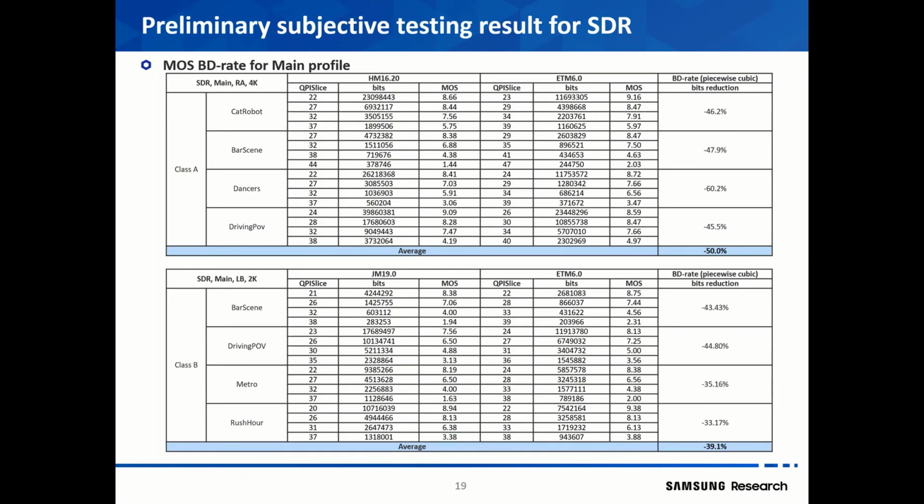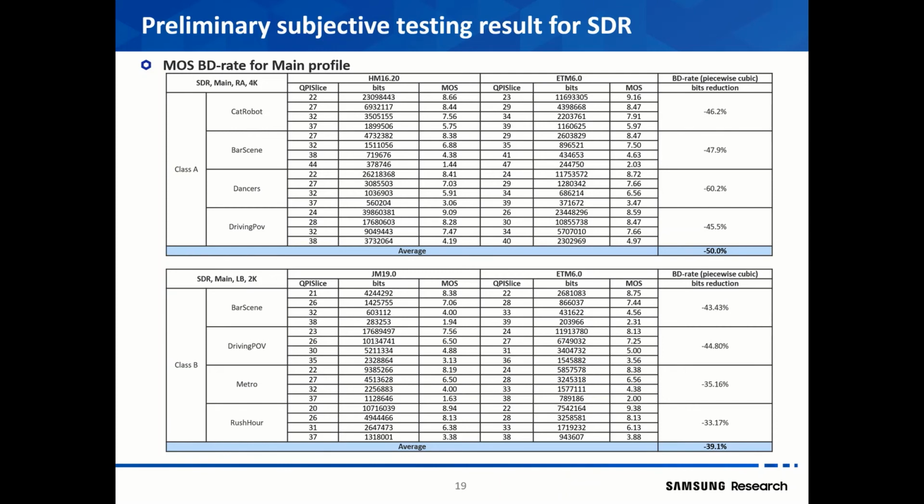This table shows the preliminary subjective coding performance of EVC main profile compared to HEVC. In those tables, you can see that 50% coding gain in 4K and 40% coding gain in 2K compared to HEVC can be achievable.